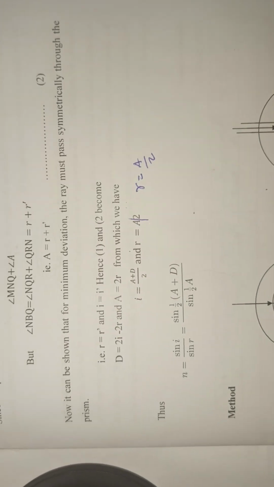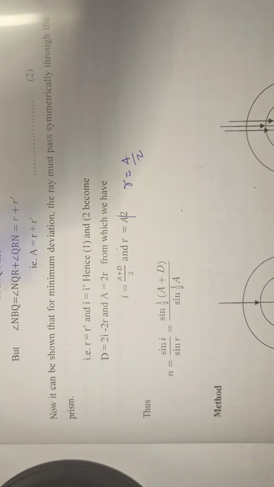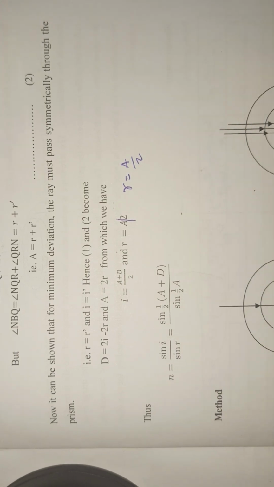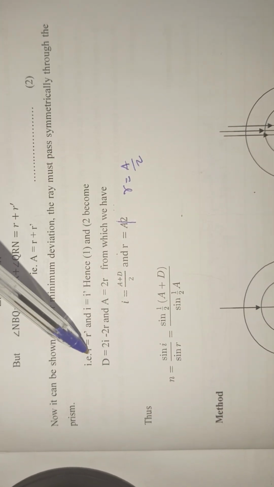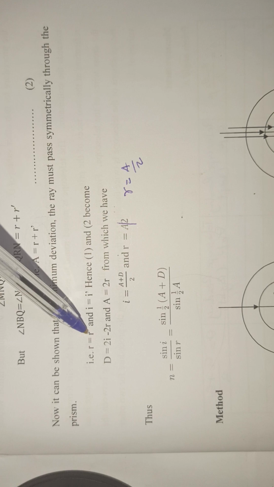Now after that we can see that, for example, if R equals R prime, let's come back here. If you study this very well, you understand that this angle here is the same as this angle here.